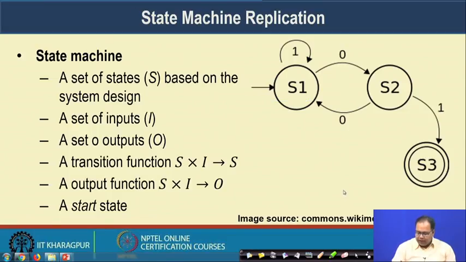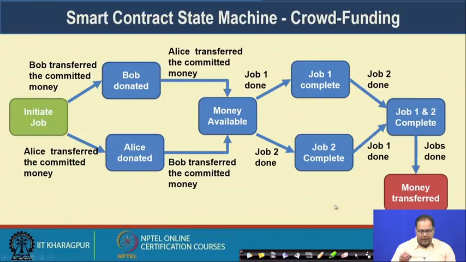Now, any algorithm can be represented using a finite state machine. So, let us look at one example where you can represent a smart contract as a state machine. Earlier we were talking about a crowdfunding platform. In a crowdfunding platform you have a set of people who have certain funds available, who agree to donate the funds if certain jobs are done.